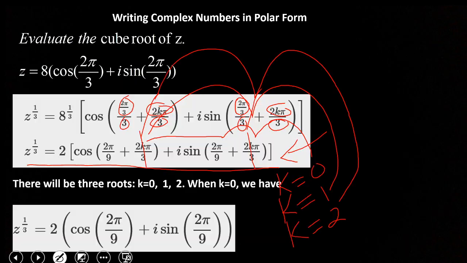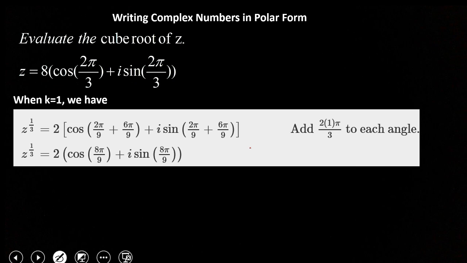You see, it was 2 pi over 9, and then you have to add, if k is 1, 2 pi over 3 to it. So 2 pi over 9 plus 2 pi over 3.